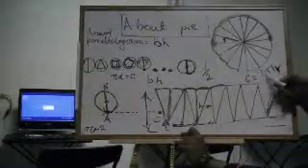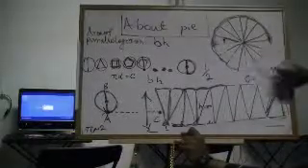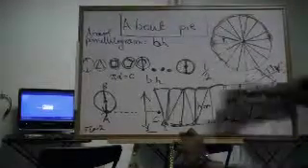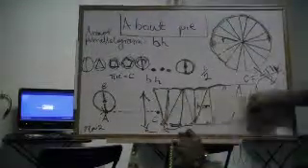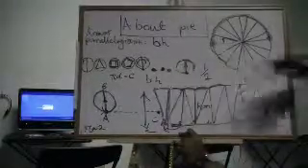Since the circumference is 2 times pi times the radius, half of that will just be pi times the radius. So this is pi times radius, which is the base, and then the height is radius.